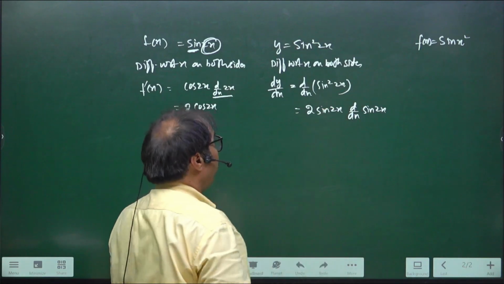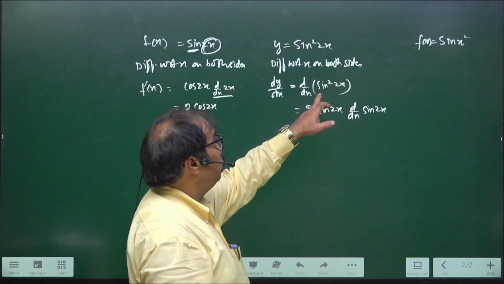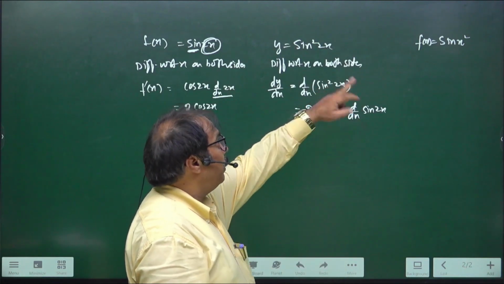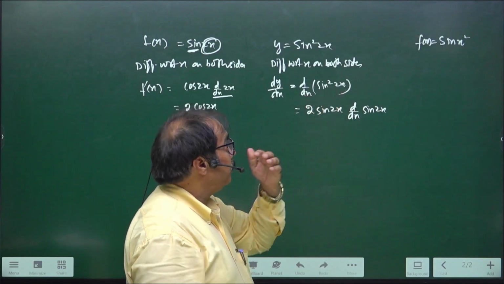Not a square, because the square we have already done with 2 into n into x to the power n minus 1. What is x here? It is sin 2x.